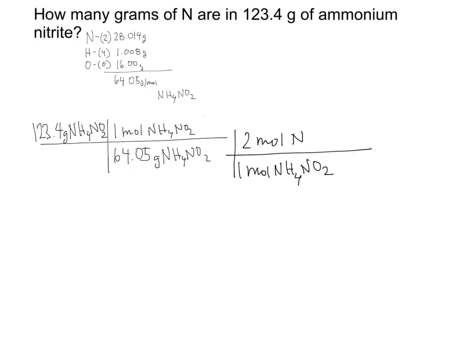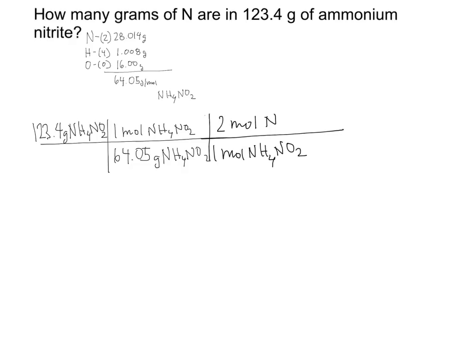Okay, I'm gonna make this smaller so that it all fits. Then the next step would be, we already have moles of nitrogen. Now we need to plug in the molar mass of nitrogen in order to convert it into grams.